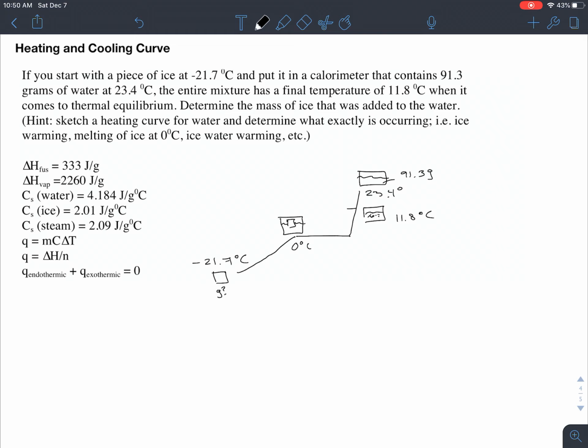So there's a couple things happening here. There is the ice warming up to 0 degrees Celsius so it can melt. Then there's the ice melting at 0 degrees Celsius. And then there's the heat that the ice needed to dissolve in the water.